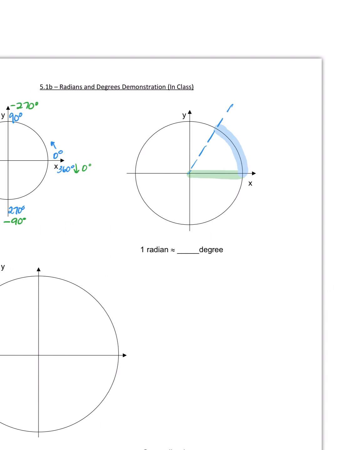Once you've got that one marked, take your piece of dental floss and measure from that place you stopped. Keep going around the circle. That's probably too far. And you're going to work your way around the circle, measuring out this length around the circle.